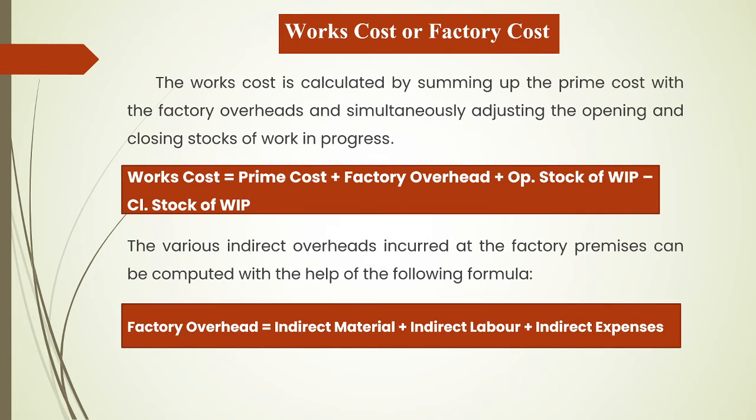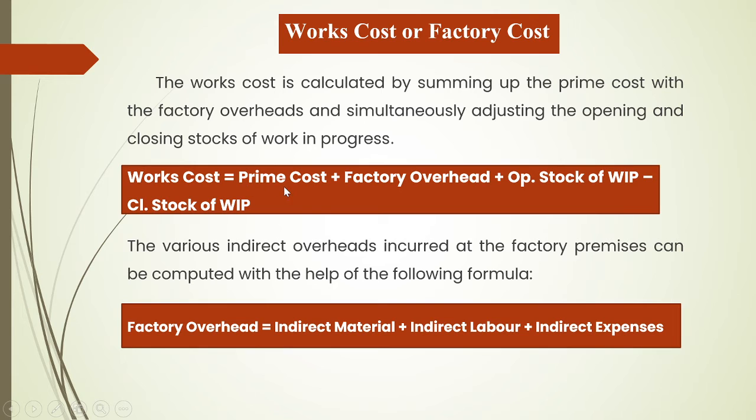Then second, works cost or factory cost. The work cost is calculated by summing up the prime cost with the factory overheads and simultaneously adjusting the opening and closing stock of work in progress.